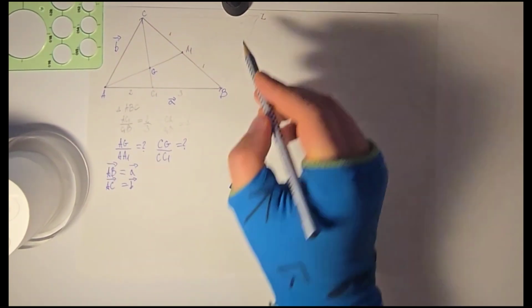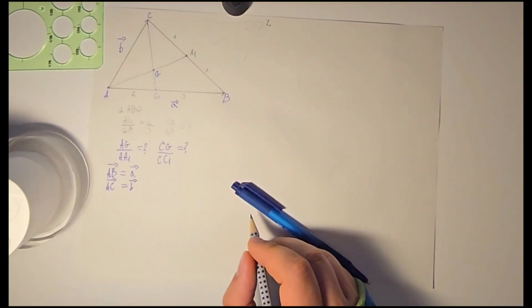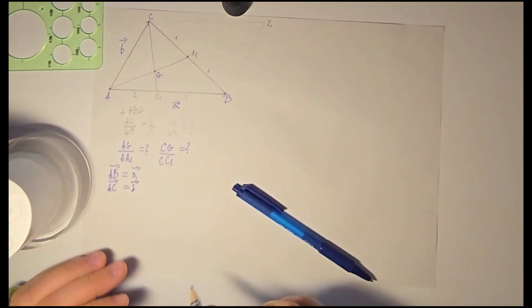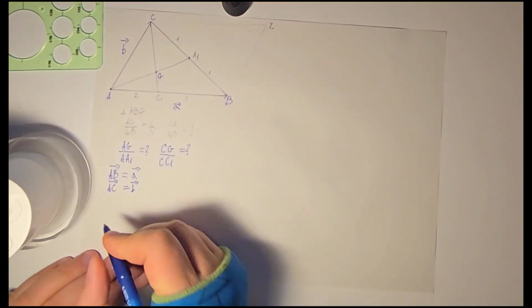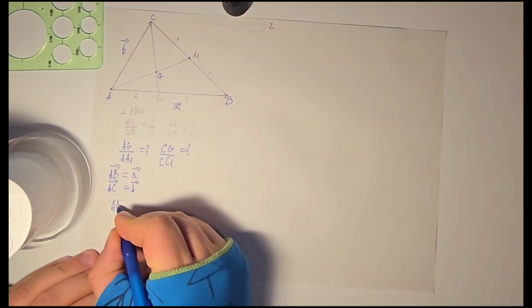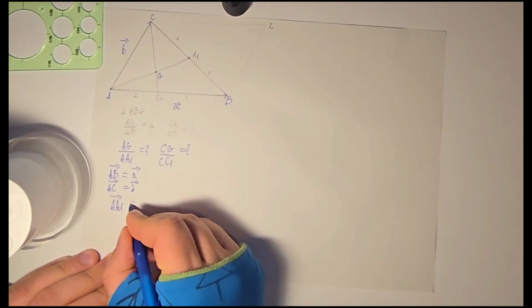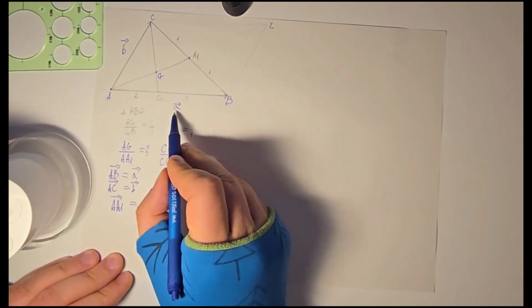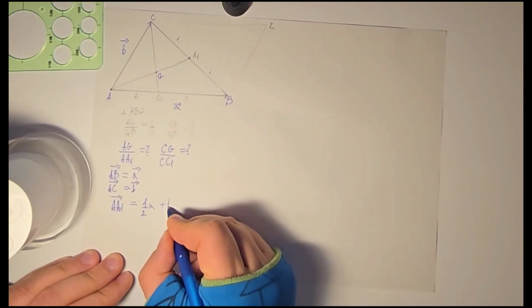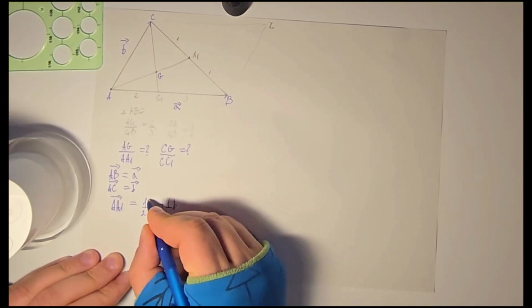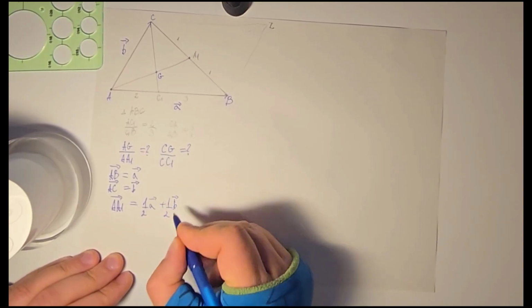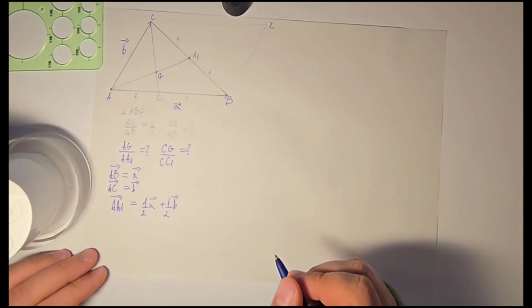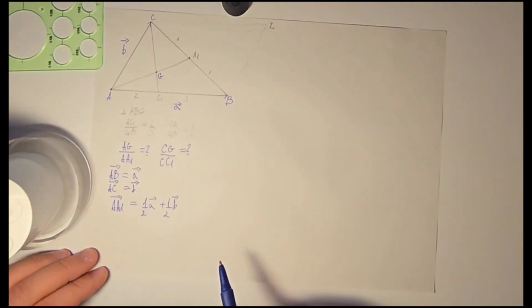But in this case we only care about the half. So AA1 equals half of a plus half of b. And of course we write the tiny arrow above. Okay, fair enough.